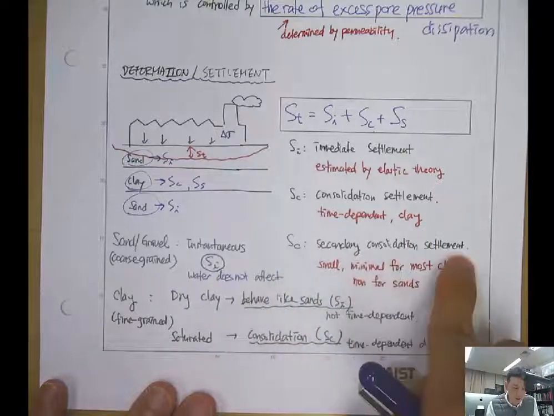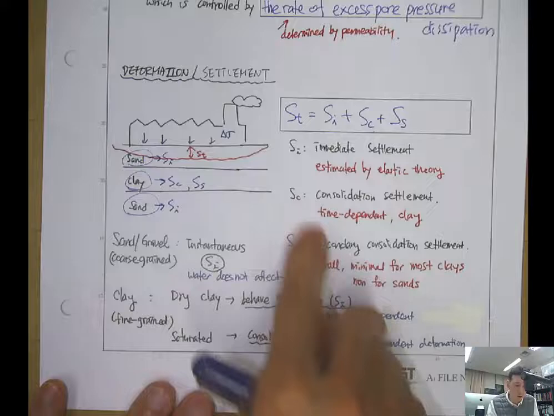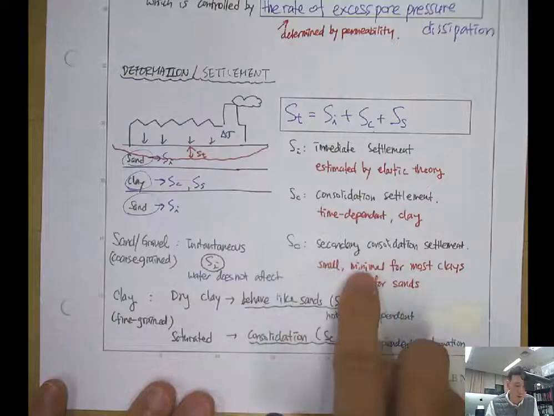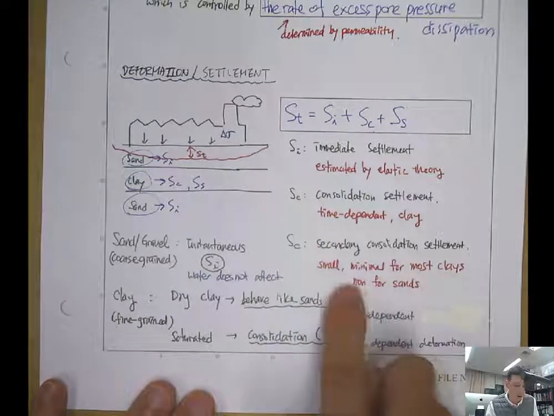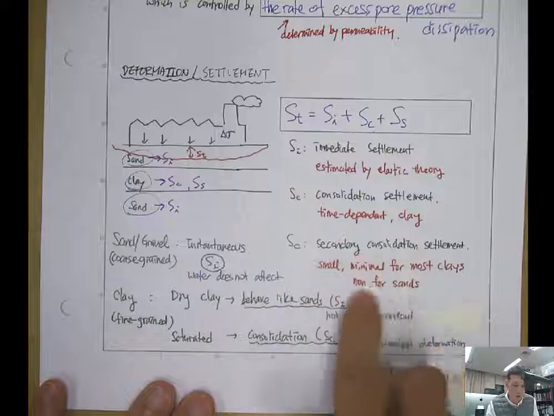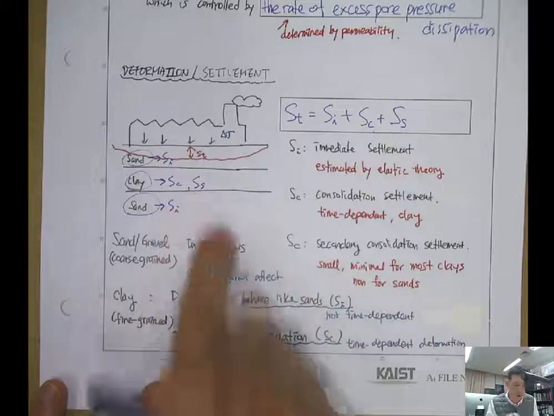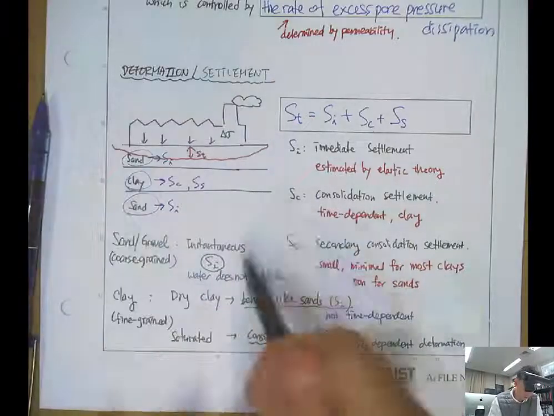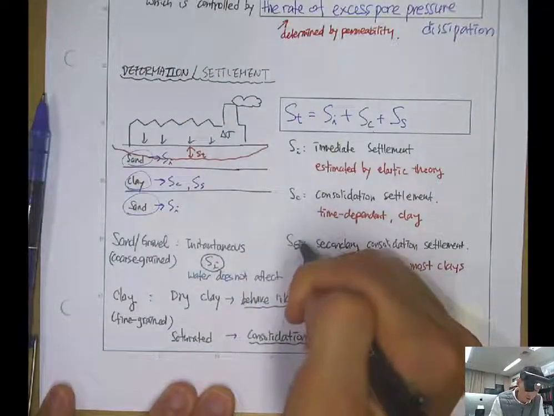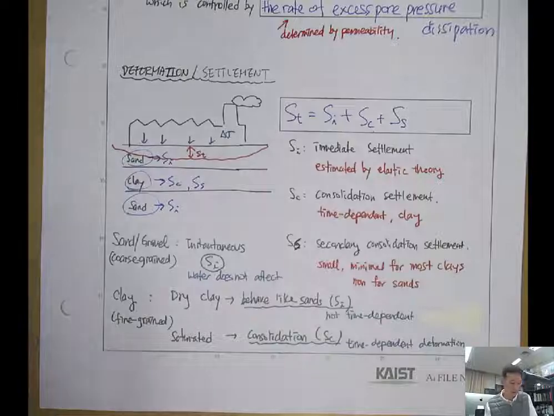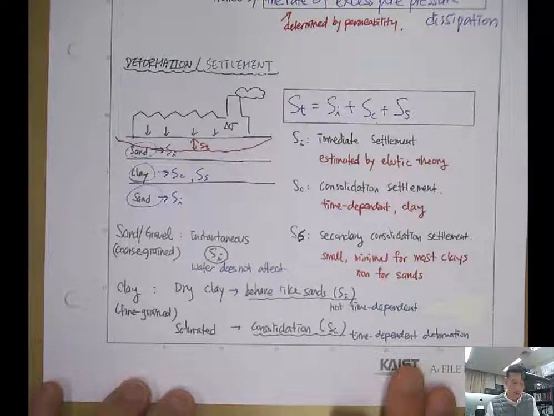The secondary consolidation settlement is smaller than the consolidation settlement, and it's minimal for most clays, and there's no secondary consolidation settlement in sand, but still there are some cases that are very significant. Sorry about this typo, it should be S. So if you add all of them, then you get the total settlement.